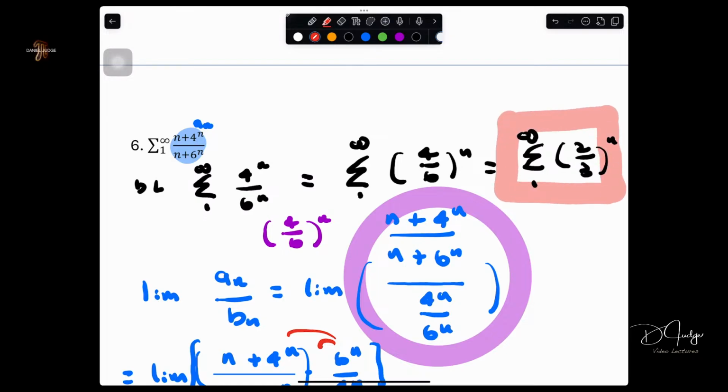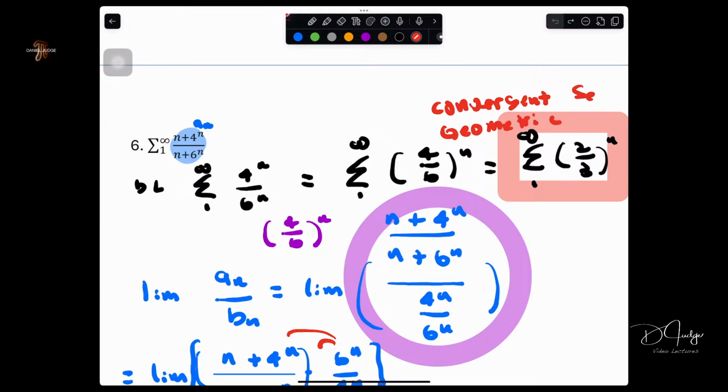But I want you to notice that what you're looking at is a convergent geometric series.